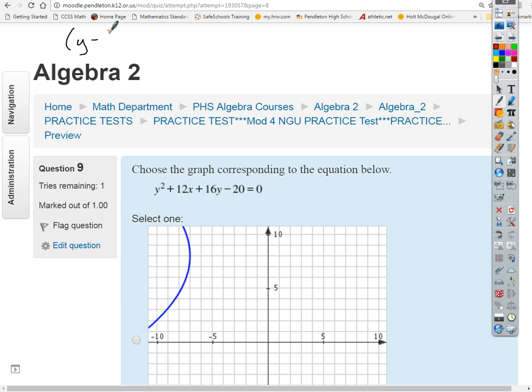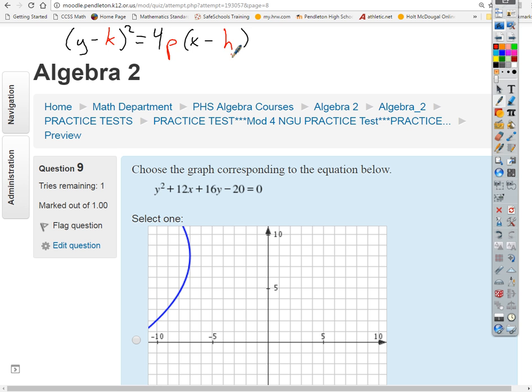Y minus k squared equals what? For a parabola, 4p, right? Times x minus h. Okay? See where we're getting at?